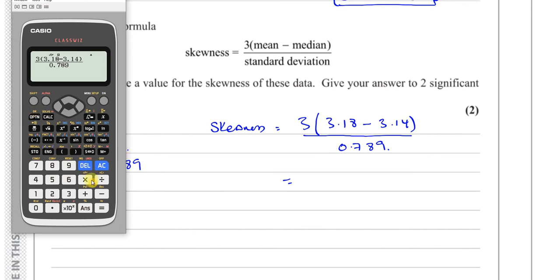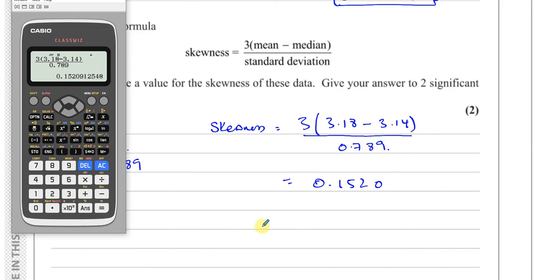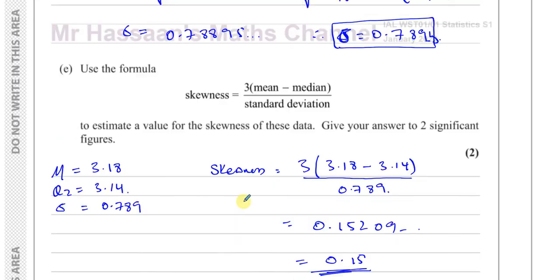Yep, and that's going to give us 0.152. So that's equal to 0.152. That's the skewness of the data. Give your answer to 2 significant figures, sorry, so 0.15. 0.15 is the skewness according to this criteria here. Okay, so that's part E.